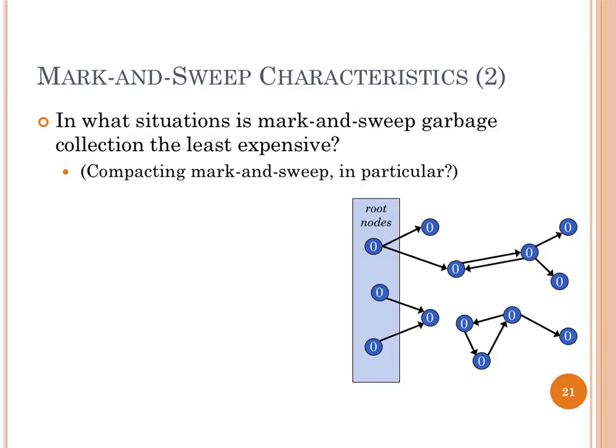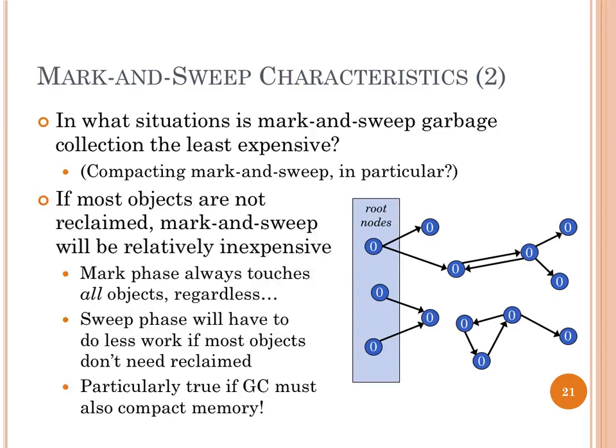So if I have a situation where I'm going through and identifying garbage and freeing those objects, then I'm doing the work of releasing each one of those objects individually. Okay? If I don't reclaim many objects, then it's not too bad. I have to traverse the entire graph. I have to look at every object and see its flag.